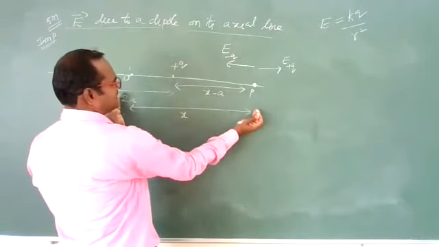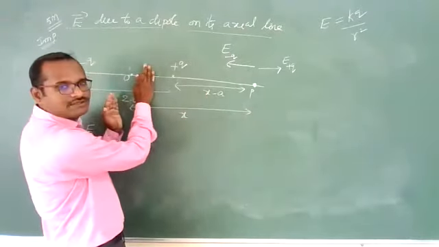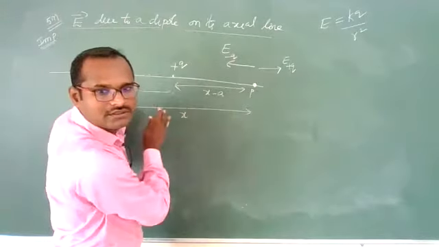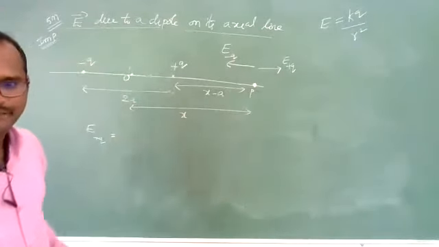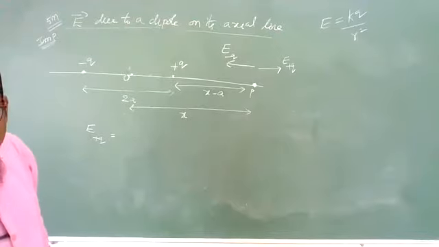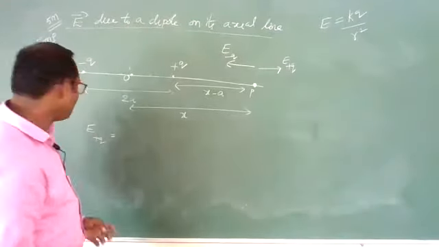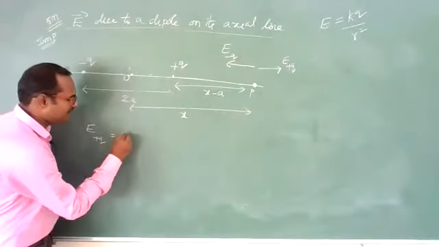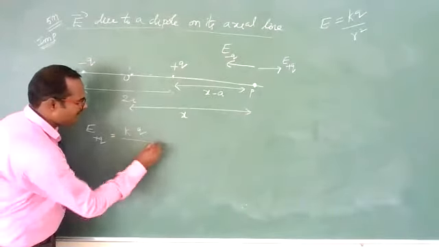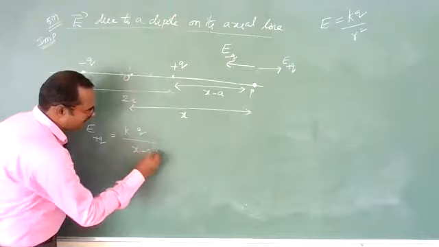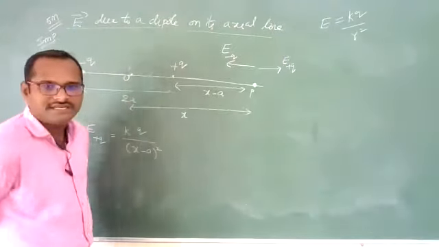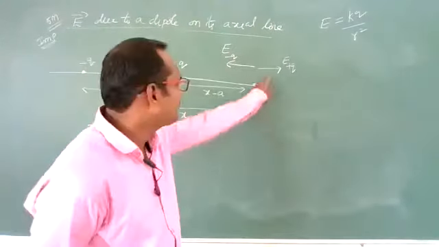From this total distance x, we need to subtract this distance, so x minus a. Clear, students? Yes, it is x minus a. I am writing KQ by (x minus a) whole square. This is the electric field due to the positive charge at this point P.